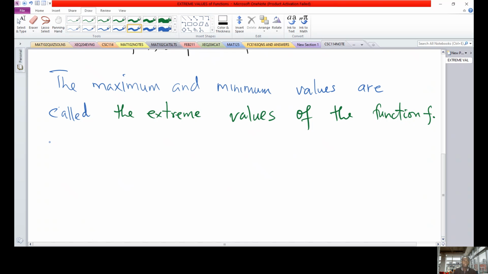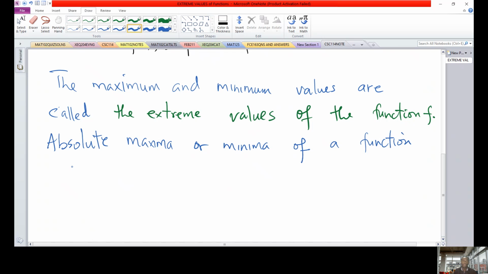Absolute maximum or minimum for a function are also referred to as global maxima or minima.